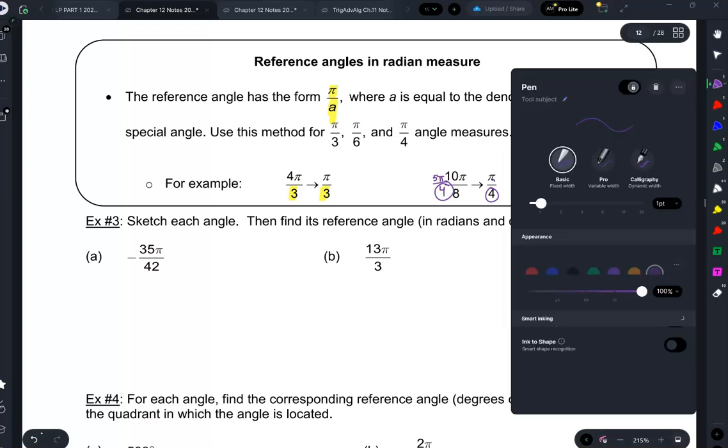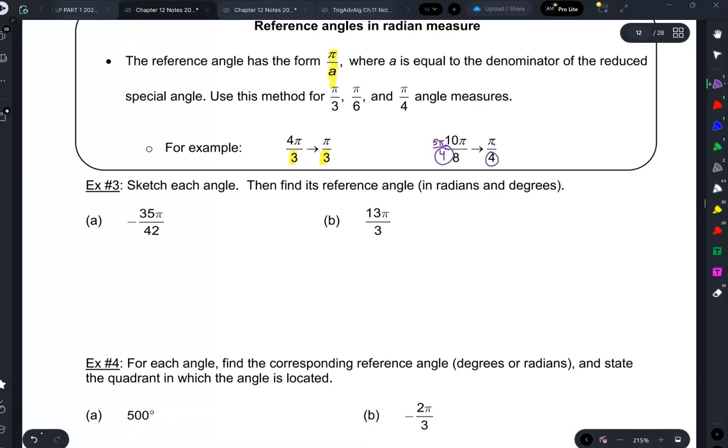Right, so let's do a couple here. In this case, when we reduce, this is negative 5 pi over 6. So let's sketch this. Okay, 5 pi over 6, we're going to go this way. The first one is 1 pi over 6, 2, 3, 4, 5 pi over 6 is right here.